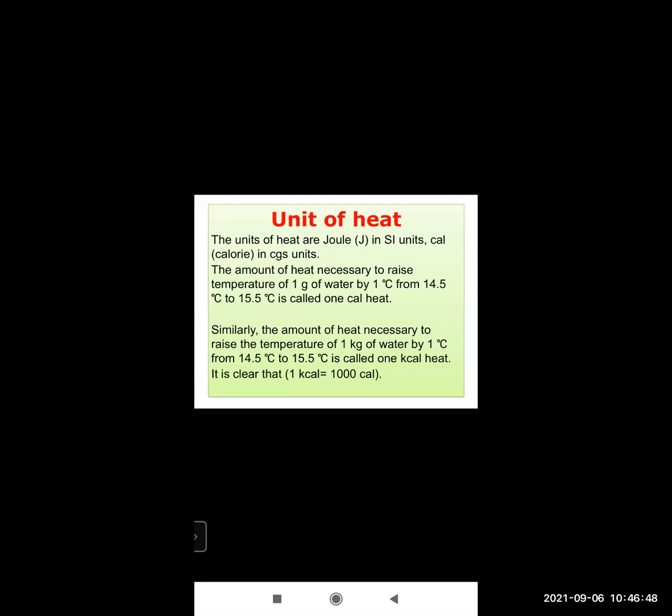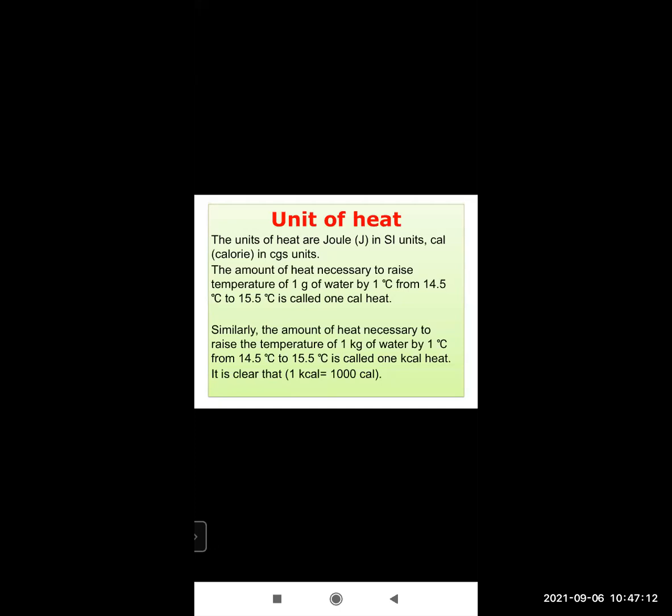The second definition is for 1 kilocalorie. Now just see what is the difference. First I will go through the definition, then you can understand. The amount of heat necessary to raise the temperature of 1 kilogram of water by 1 degree Celsius from 14.5 degrees Celsius to 15.5 degrees Celsius is called 1 kilocalorie heat.